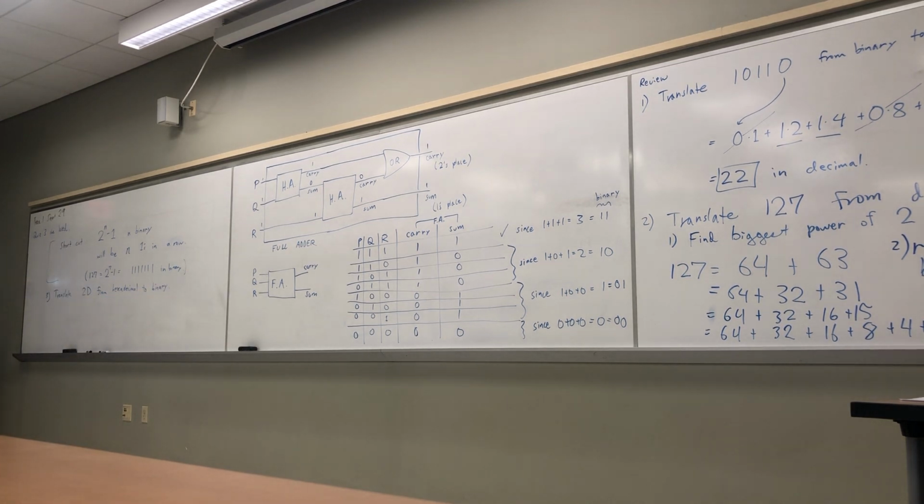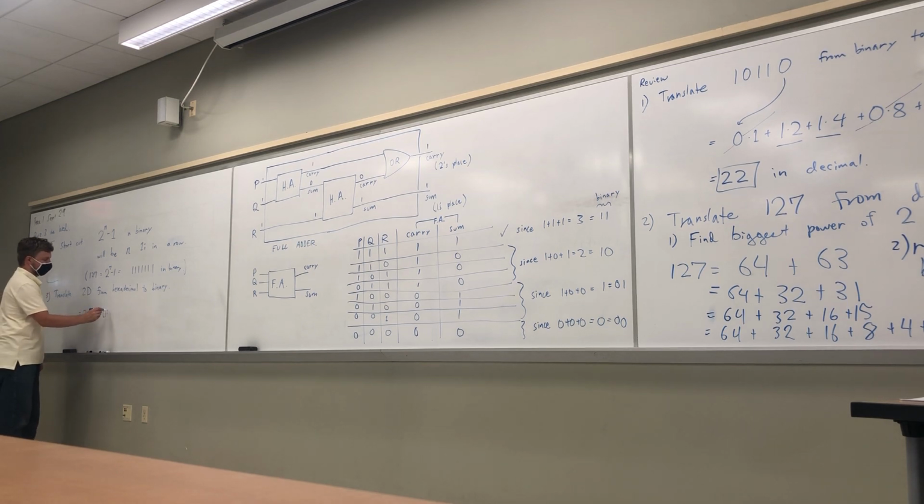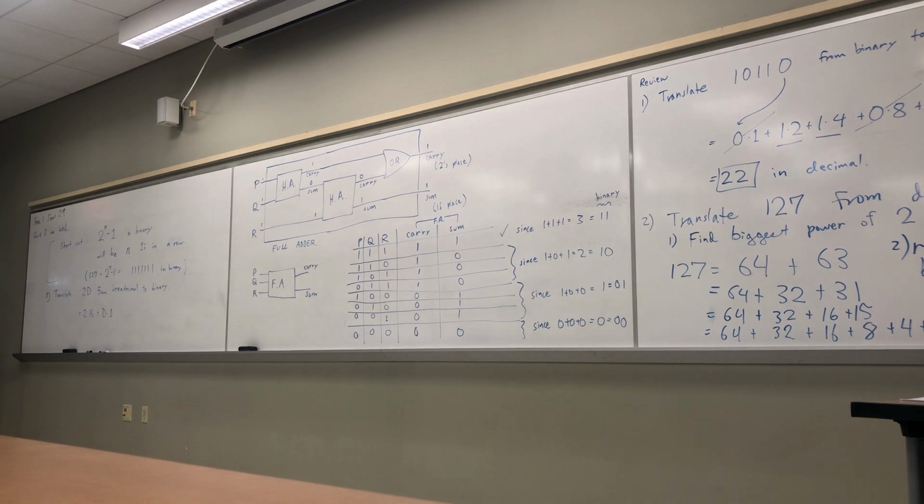This one's not too bad. So it's 2 times 16 plus D times 1. That's the 16's place and the 1's place.